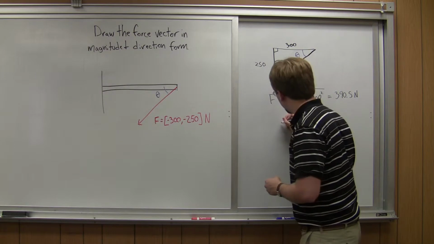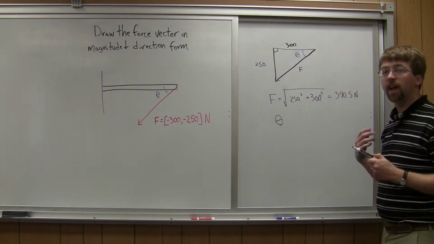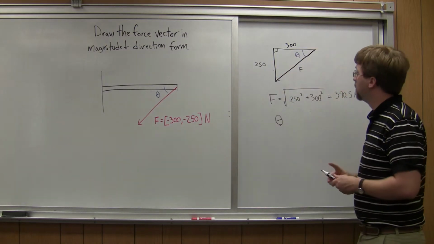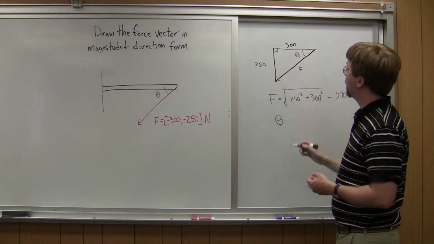For my angle theta, I'm going to use one of my trig identities. The tangent is the opposite side over the adjacent side. So tan theta would be 250 over 300.